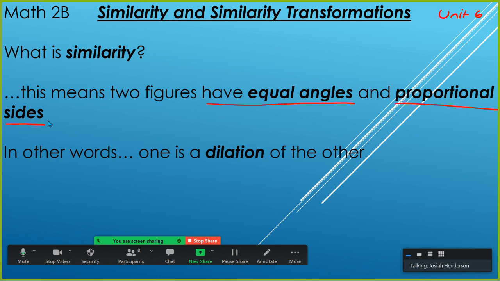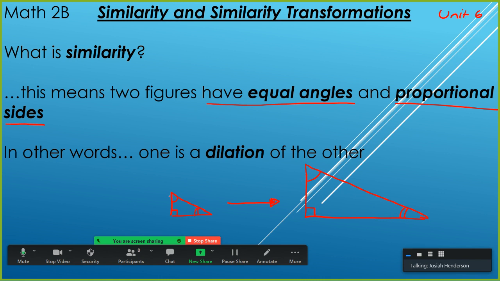So you've taken our original figure and maybe blown it up to a larger size, but all the angles are still the same, just like we saw yesterday. So there'll be a correspondence between every angle on the figure. And there'll be proportional sides.